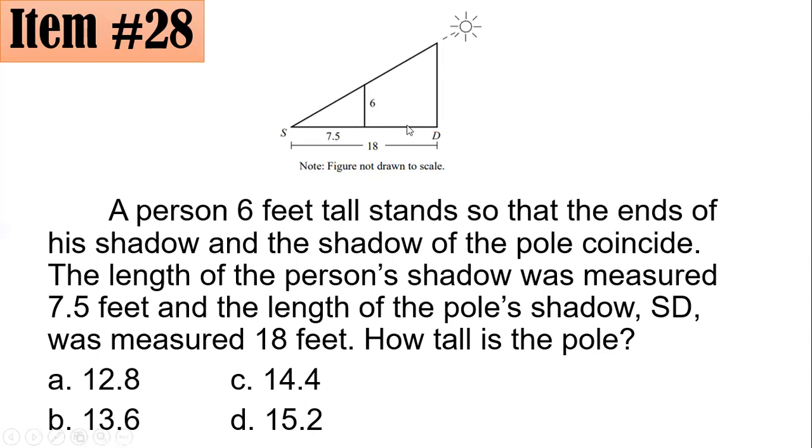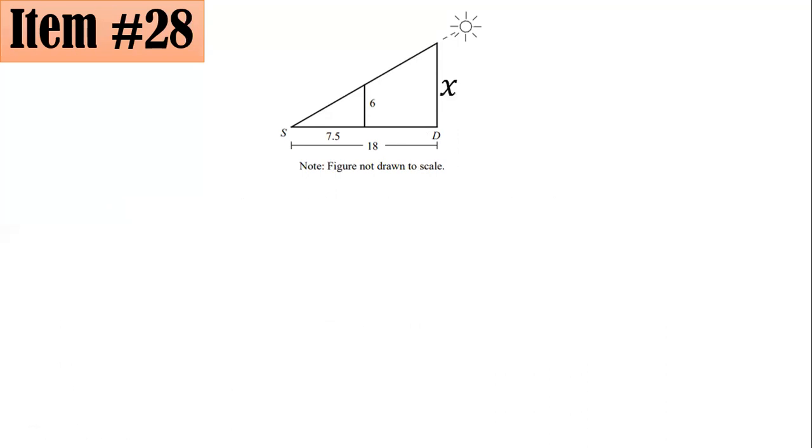So these are in fact understood to be right angles most likely. So let's say we don't know the length of that. Let's call it x.